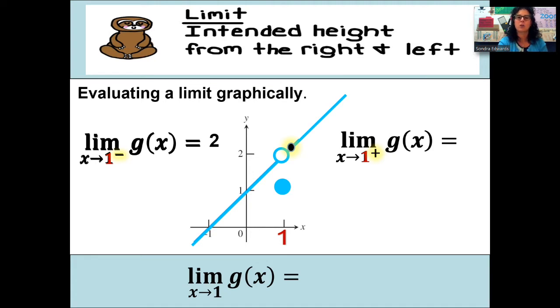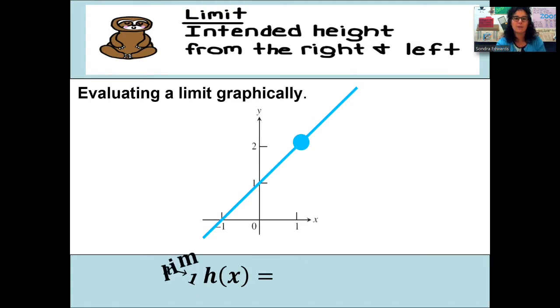So as we get closer and closer from the right-hand side, the heights are heading to 2. And since the intended height from the left and the right are both 2, well, then the limit as x approaches 1 of g of x is equal to 2.